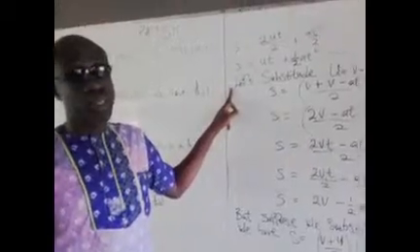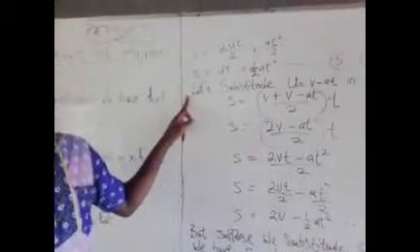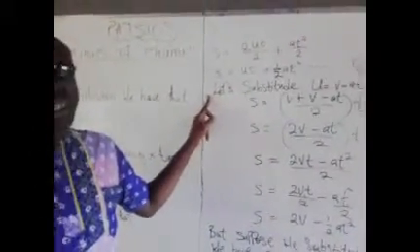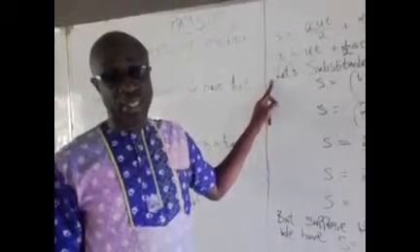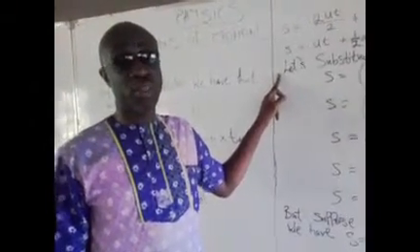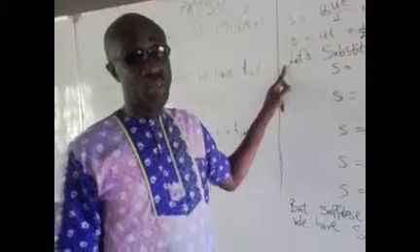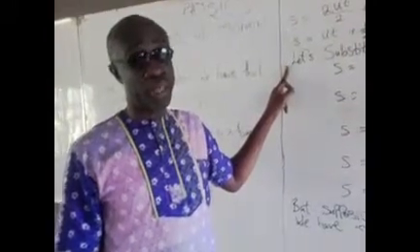From V equal to U plus AT, that's the first equation, we can make U the subject of the formula to have U equal to V minus AT.